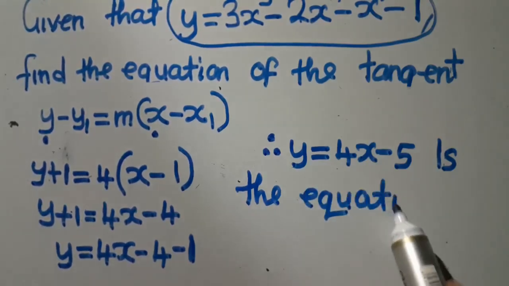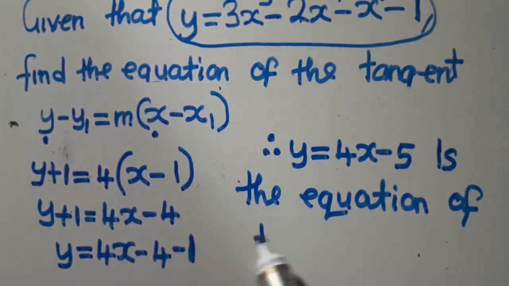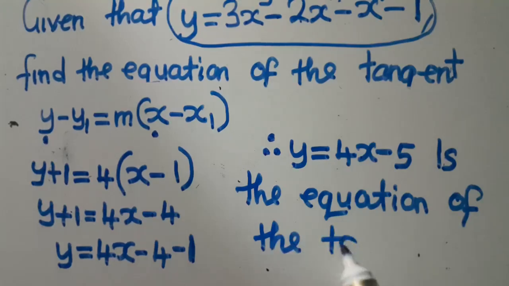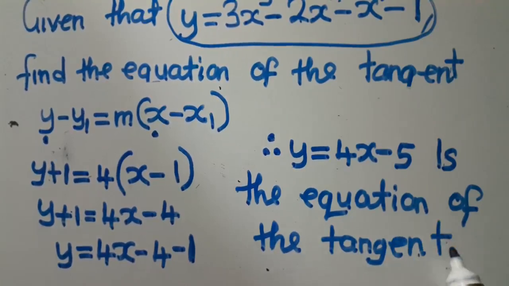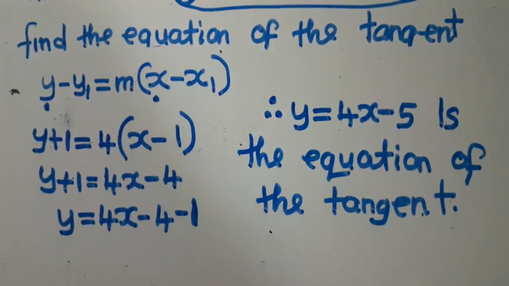It is just one and the same thing. Equation of the tangent. This is what you need to do. This is the procedure. So this is simple work. This is what you needed to do.